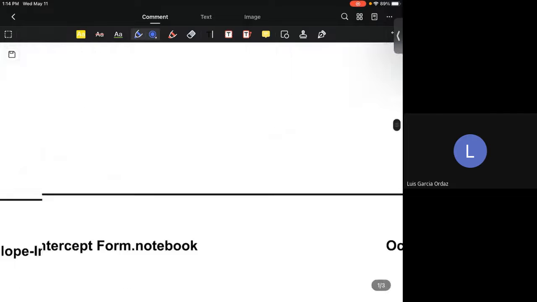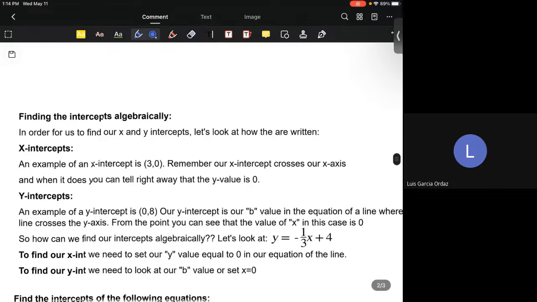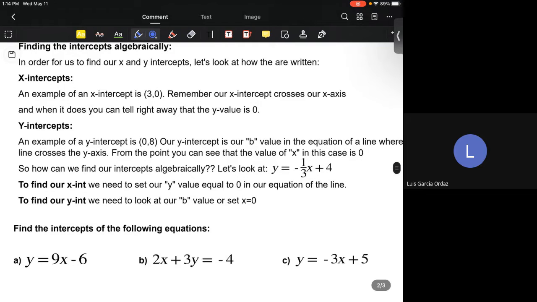So now when we have it in an equation, we can find it algebraically. So for our X-intercept, what is the Y value of an X-intercept? What is the Y value equal to? 0. So when we find our X-intercept using an equation, we have to set Y equal to 0.